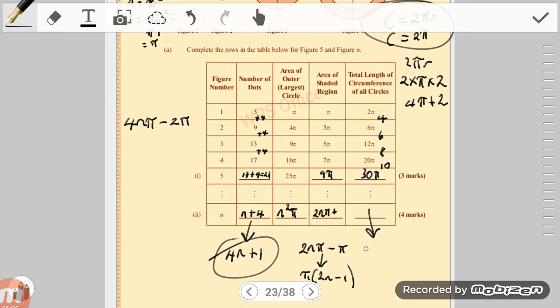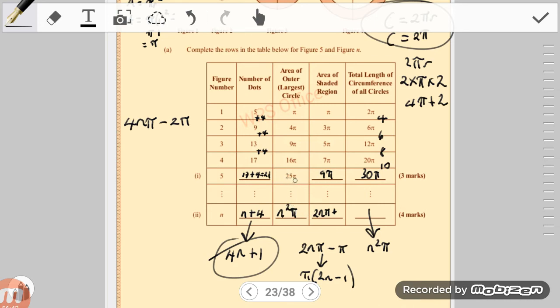Let's try writing down this formula here. So that's n squared pi. What could I do to this here? I know that whatever I insert for n here would be the figure, and that will give me the result that comes here.